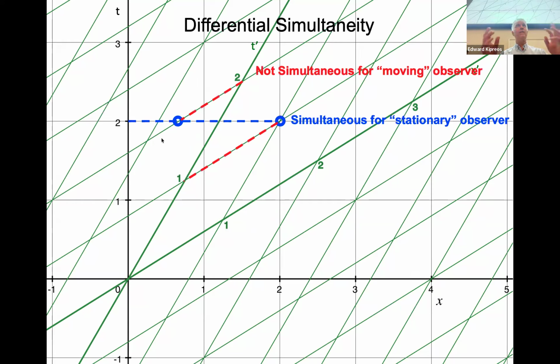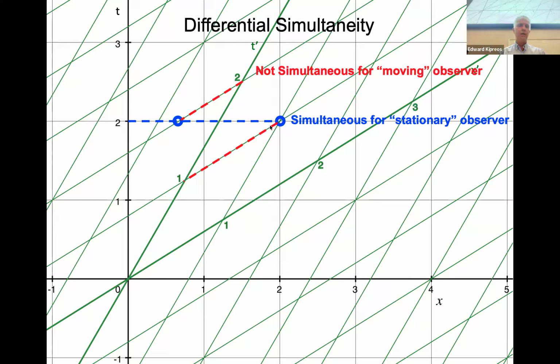And it's going to affect what's simultaneous. So here are two events that are simultaneous for the stationary observer. They're both occurring at 2 seconds. But they're not simultaneous for the moving observer. The other thing I didn't tell you was that this x prime axis determines how you read off time in the moving frame. Because this x prime axis is slanted, time is read off slanted.